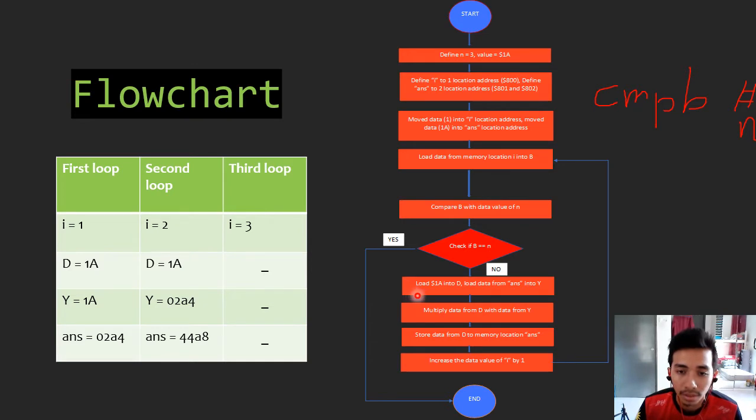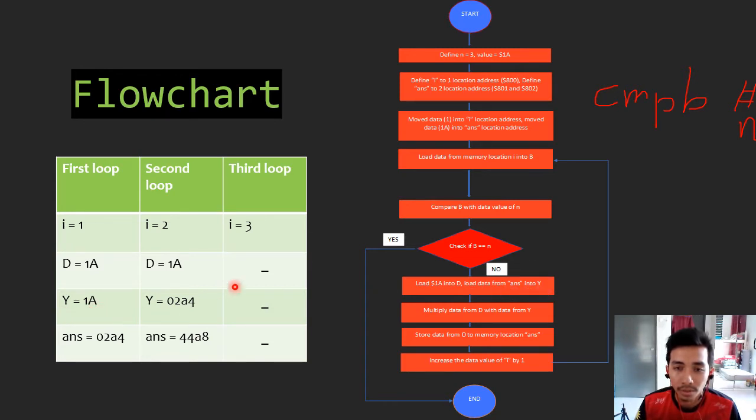It calculates the multiplication by loading 1A into D. So D for the first loop will be 1A, sorry, my bad. And then Y will be ANS.